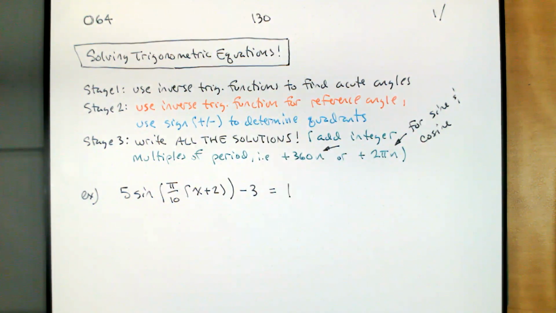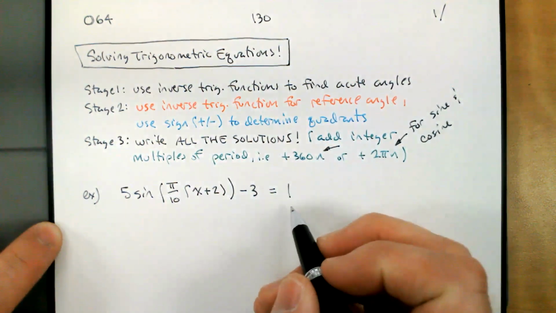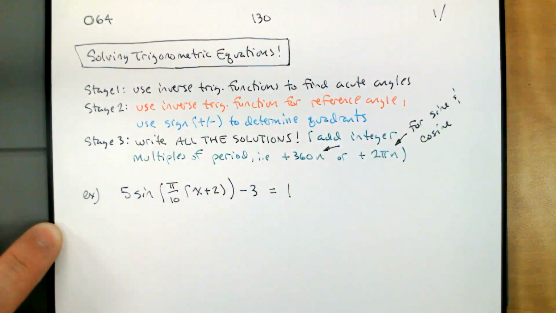The inverse trig functions for the reference angles, putting them into quadrants and getting all the solutions, that is all contained in doing the inverse trig function part. So if we want to come up with a plan for solving this equation, we've got to think about how this equation turns x into a 1.